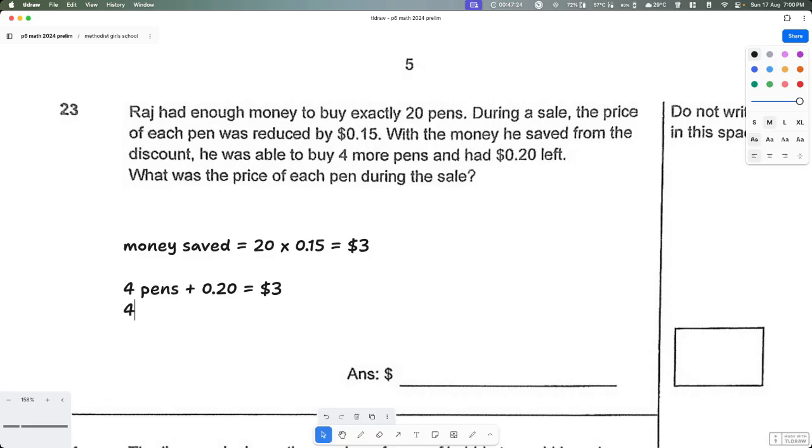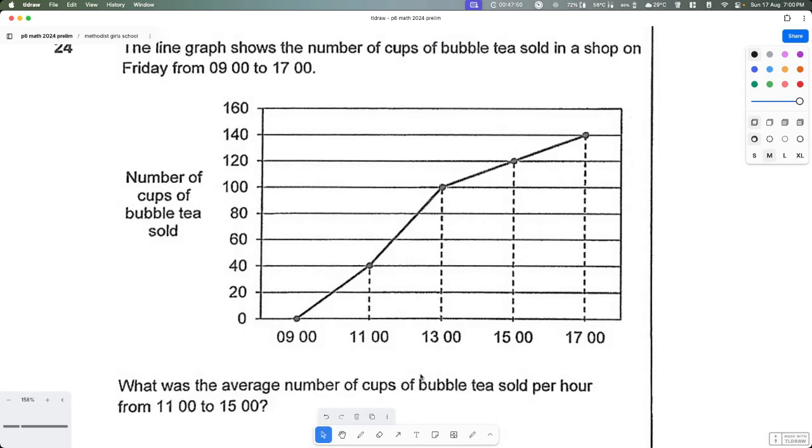So that means 4 pens is equal to 3 minus 0.2, which is $2.80. So 1 pen is equal to 2.8 divided by 4. This is $0.70, so 70 cents. All right, that's it. Let's move to question number 24.